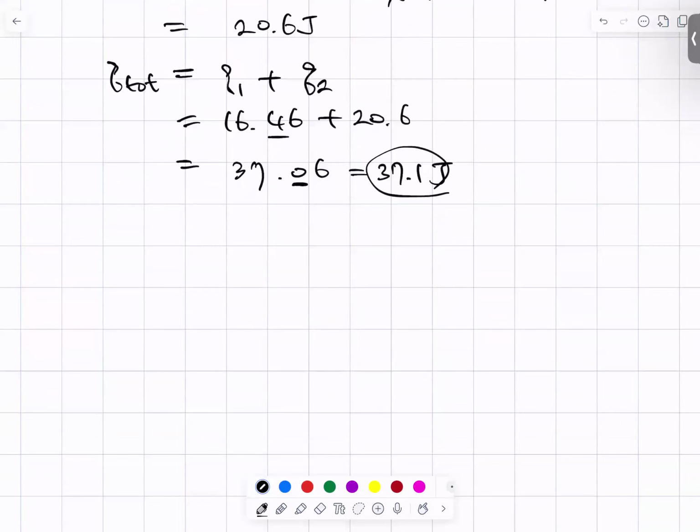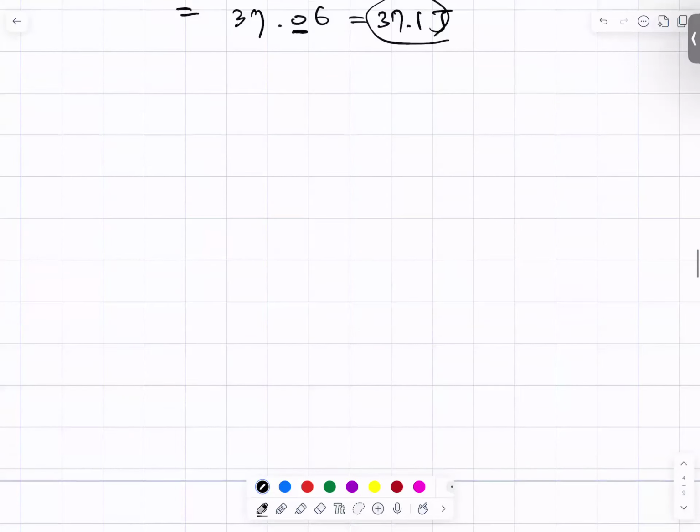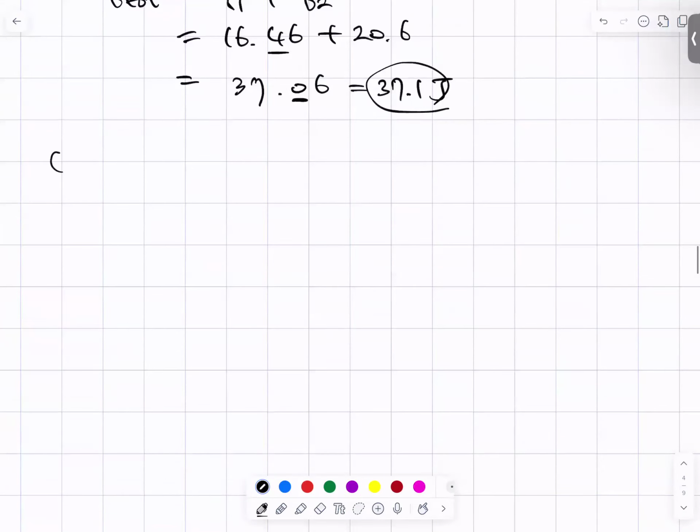Part D is asking about a comparison of the intermolecular forces, dispersion force, dipole, and hydrogen bonding, and to explain why the melting point of salicylic acid is much higher than that of methyl salicylate. Okay, so methyl salicylate has a structure like this. We have a benzene ring, an ester group, and here methyl, and this one is an alcohol.